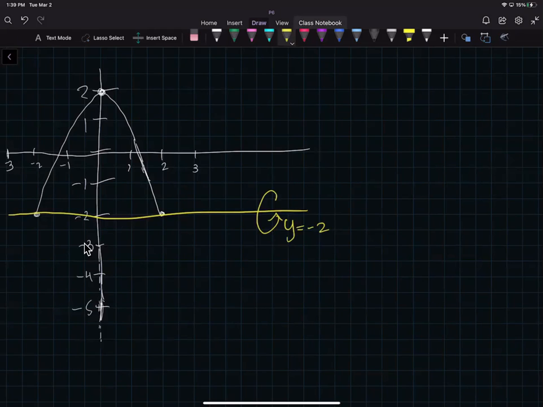So notice that this is 1, 2, 3, 4. So you're going to go down for 1, 2, 3, and I'm missing 1. So negative 6. And you can do it this way, this way.